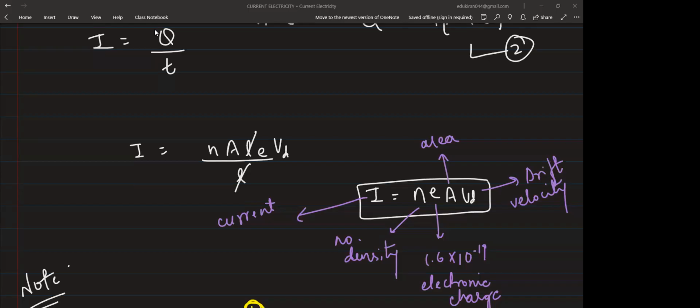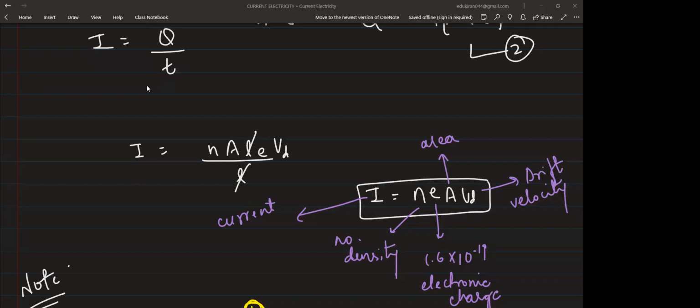And you can see here, T is in the denominator. It means it is inversely proportional. So when current increases, time will decrease. Whatever comes in the denominator, when you relate it, it means they are inversely proportional. One will increase, the other will decrease.